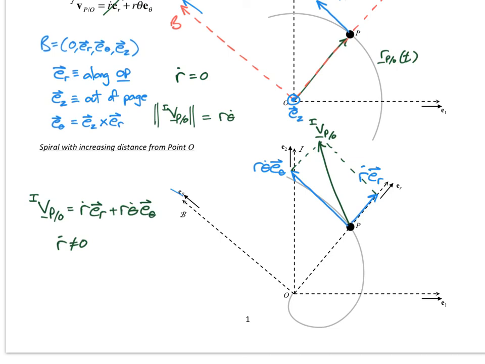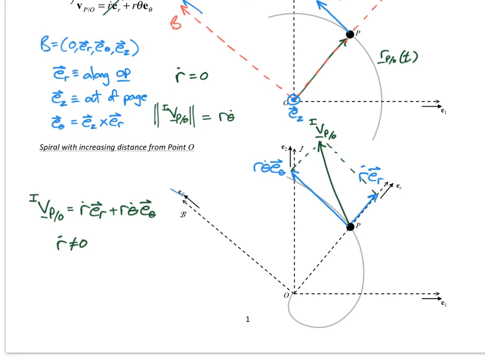And so let's spend just a moment gaining a little bit of intuition on the magnitudes in the e r direction and the e theta direction. The r theta dot, as drawn here, is a much longer length, a higher value than the r dot term. I think you can see this on the path, because in the path of this spiral, we're making it around theta, or rotating around point O, faster than the r dot term, which would be pushing it out of the radius, which is going to make this more of a flatter spiral with a gradually increasing radius.